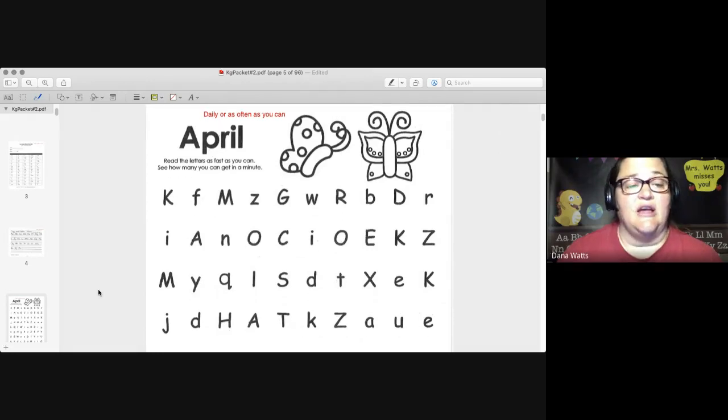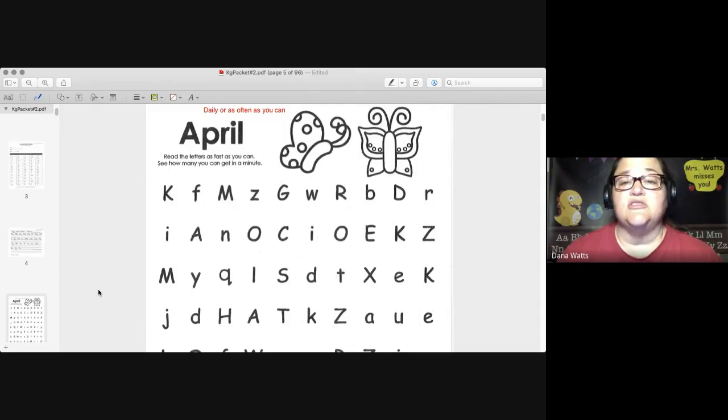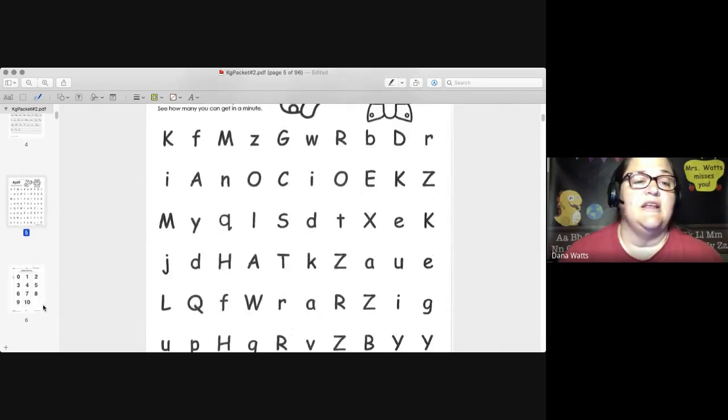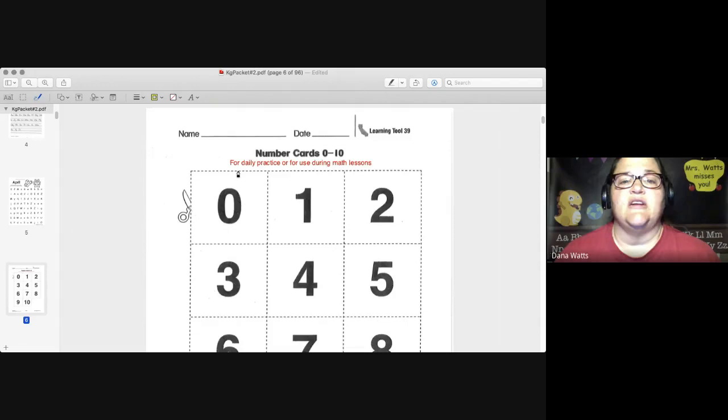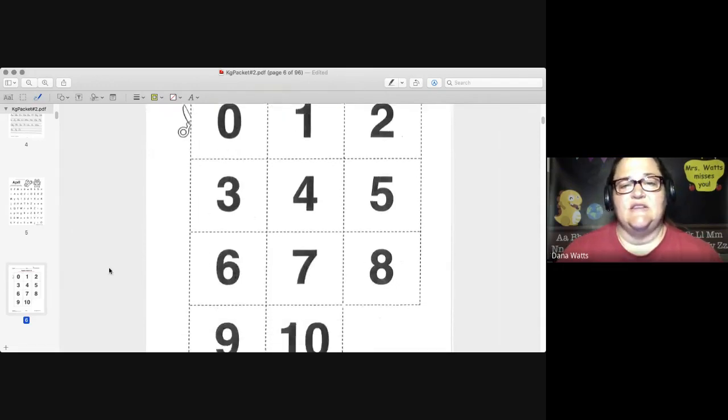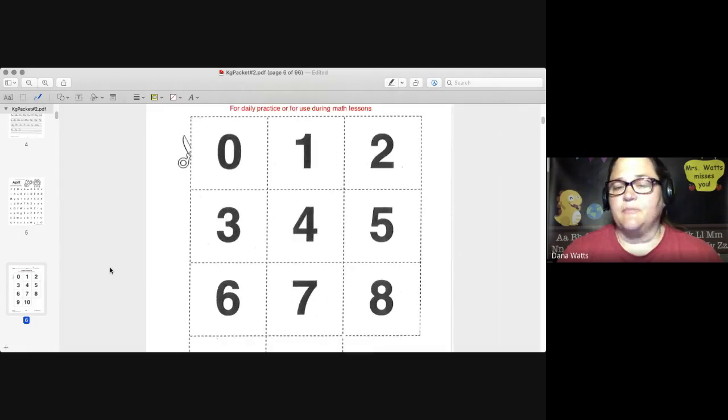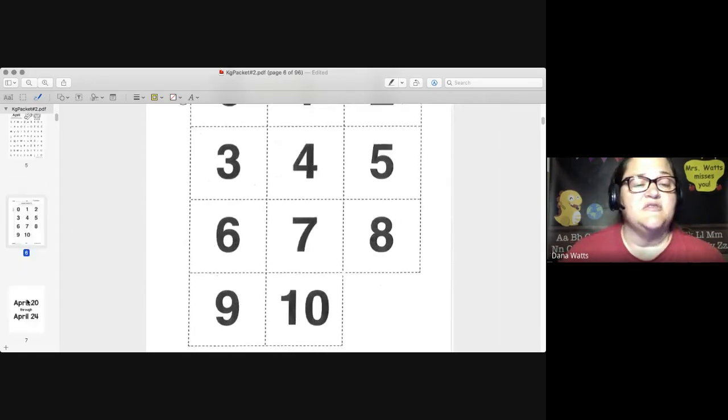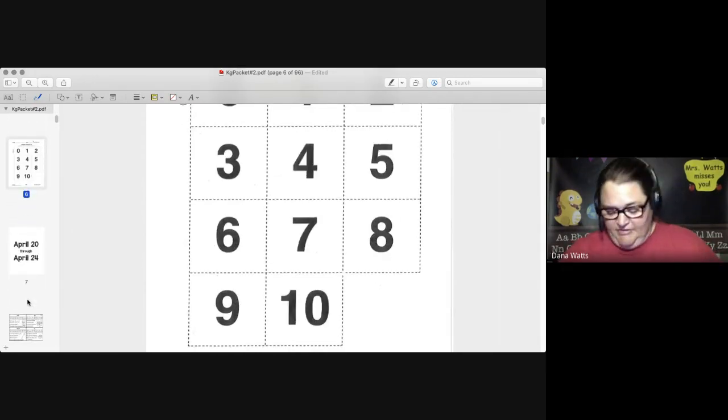So you can set a minute on your phone and see how many letters your child can say in 1 minute. Then you've got some numbers here for daily practice, or you can use these during a math lesson, or just for any kind of practicing or for flashcards at home. Okay, so the first few pages are for some of those daily activities and just some manipulatives to help you out.